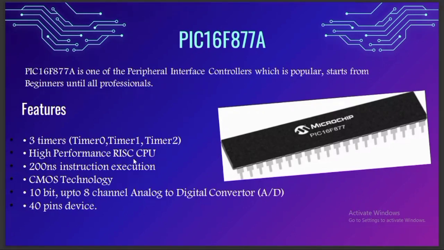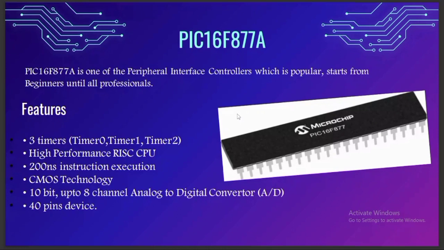What does RISC stand for? RISC stands for reduced instruction set computer. The third feature is that the instruction set is very small, with 200 nanoseconds execution, so the performance is very high. The fourth one is CMOS technology. It is manufactured based on CMOS technology, and it has 40 pins.